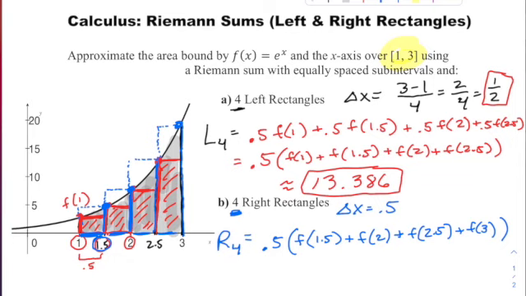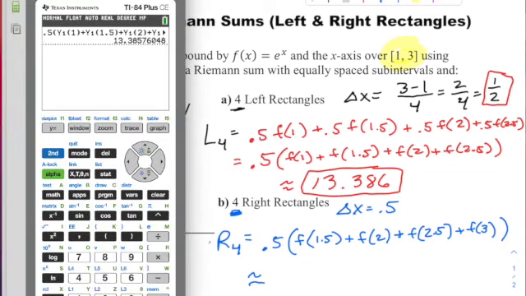And so now, as far as getting that approximation, you can, of course, retype that in your calculator. But if you've already typed part A in for left, you realize this setup is exactly the same. I'm using f of 1.5, f of 2, f of 2.5. The only difference is instead of f of 1, I'm using f of 3.